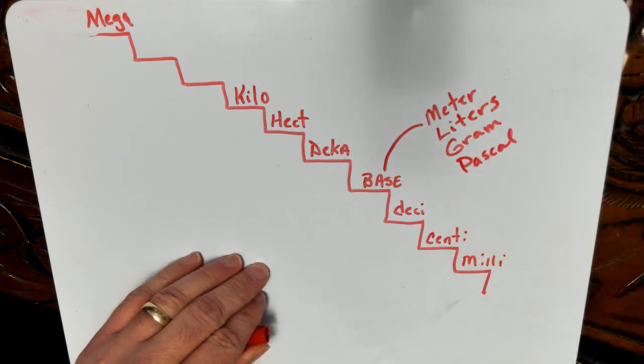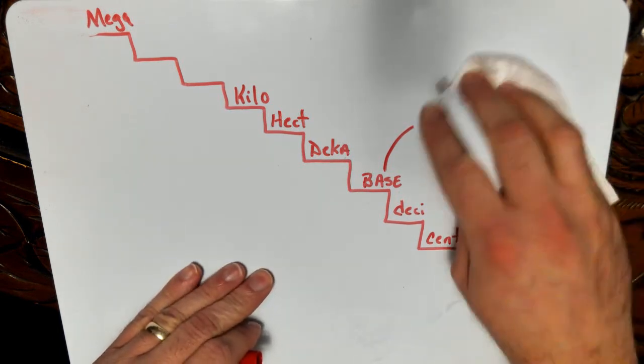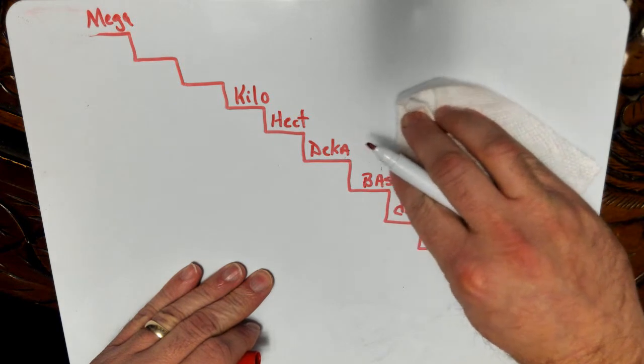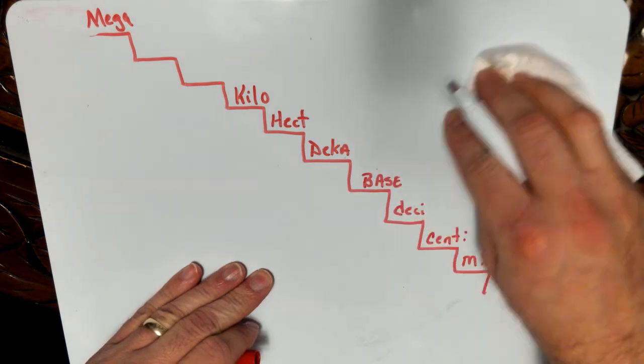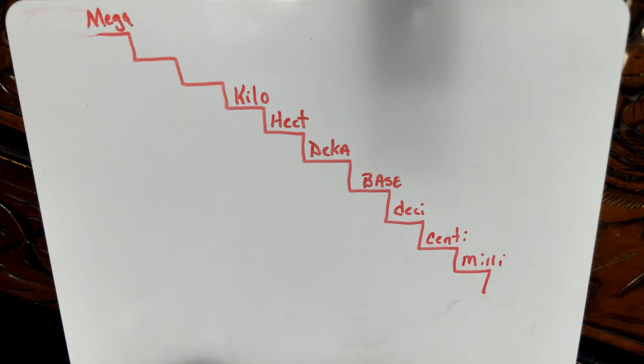So we're going to look at these today, and there's more, but those are some really typical ones that you're going to see, especially in this class, the Pascal, when we talk about pressures and talking about stress and loads on members and components in design.